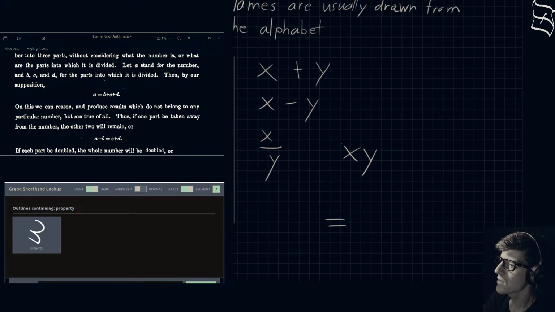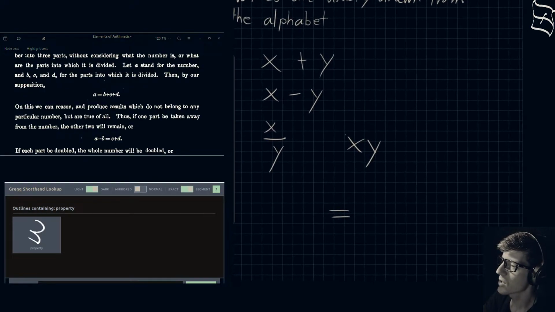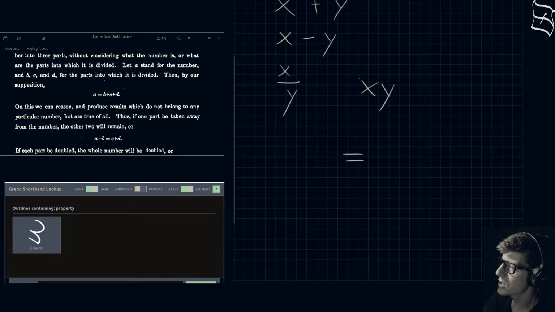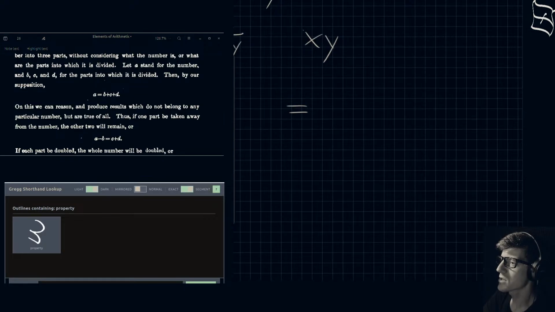Which means that whatever happens on one side can be done on the other because we're comparing. The thing about comparison is we need to make sure that things are balanced. It's almost like the comparison symbol is like the scales, right?